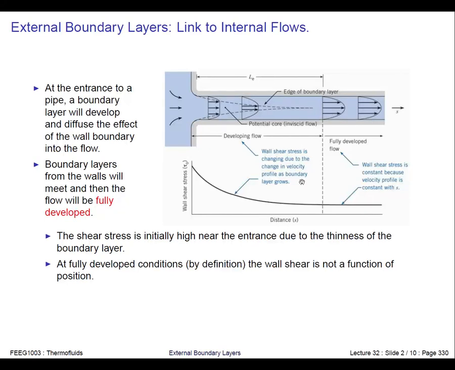So one of the characteristics of external boundary layers is that nothing is the same, and in particular the shear stress on the wall is not the same, it changes, and only when you get to the fully developed state does nothing change, including the shear stress. Okay, so we're interested in this region today, and also the next lecture as well.